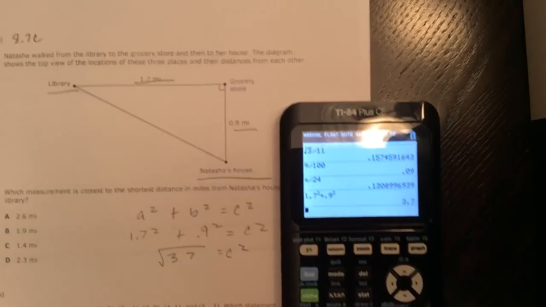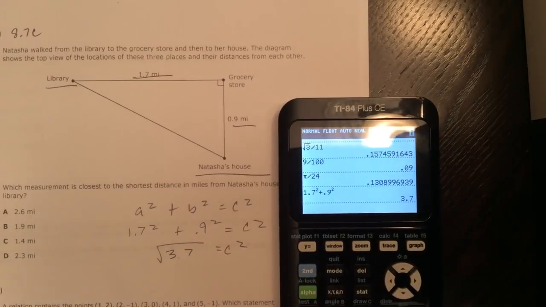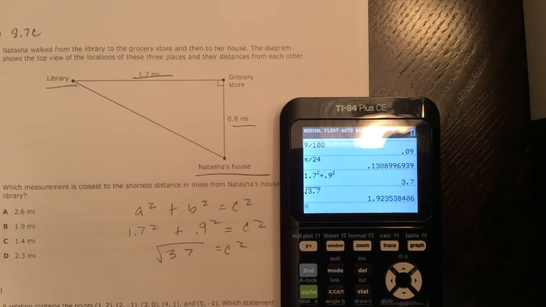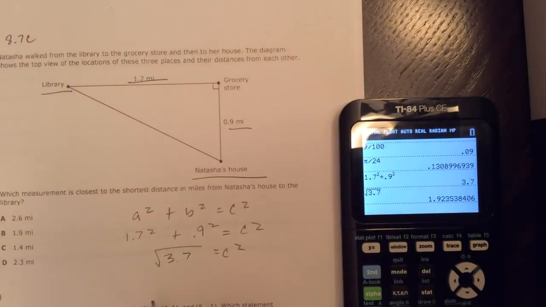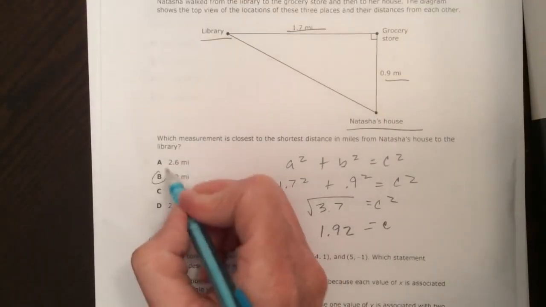When we apply the square root to 3.7, it's going to give us 1.92. So we know C equals 1.92, therefore our answer is B.